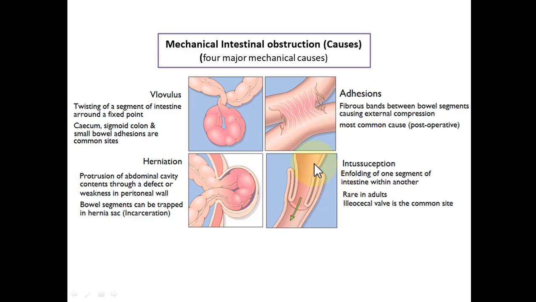The intussusception, what happens then, is that one segment of the intestine is inverted or invaginated into another fold or segment. This type of condition is rare in adults and is most commonly seen in children.